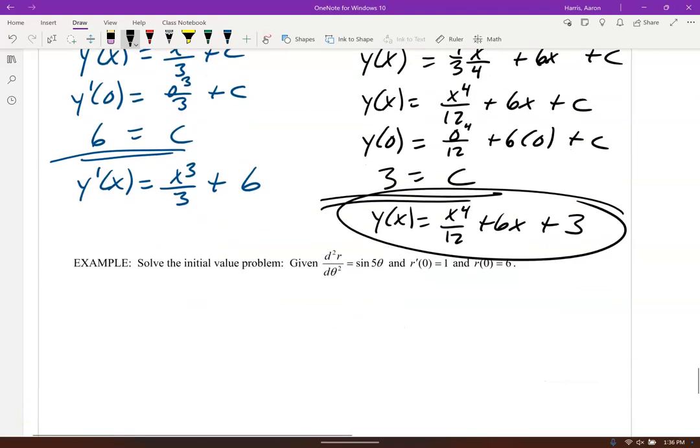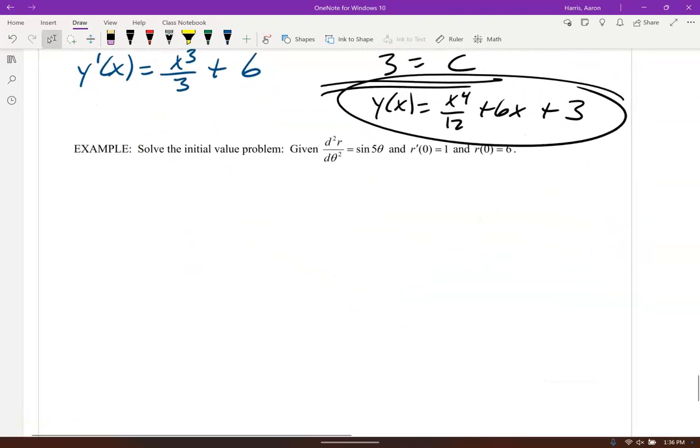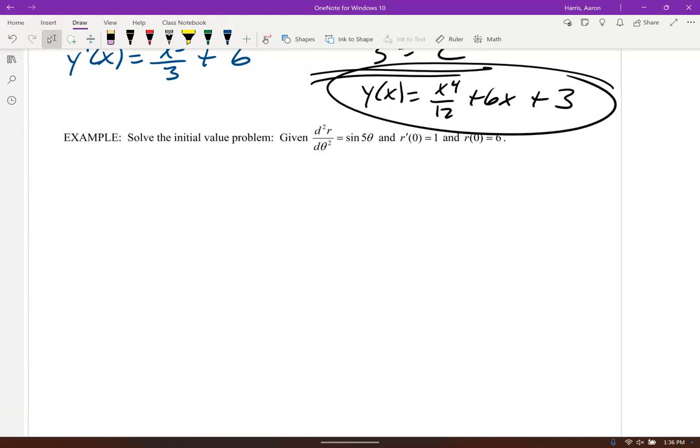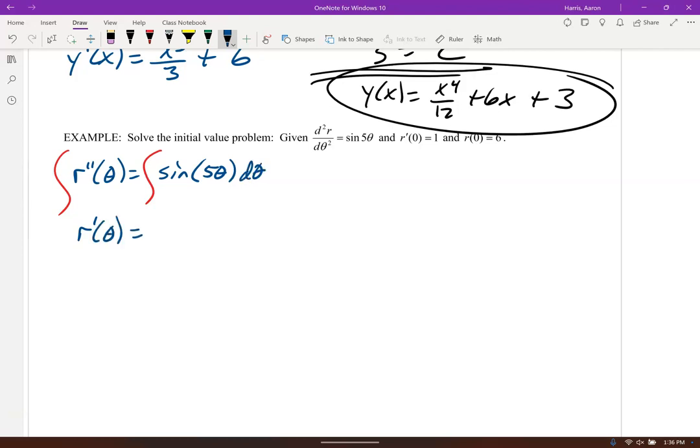Let's do one more, a trig function here. I've got d squared r over d theta squared, the second derivative of r with respect to theta, equal to the sine of 5 theta. So I'm going to take the antiderivative, and that'll give us the first derivative. Keep in mind that the integral of the sine of u is negative cosine of u plus a constant.